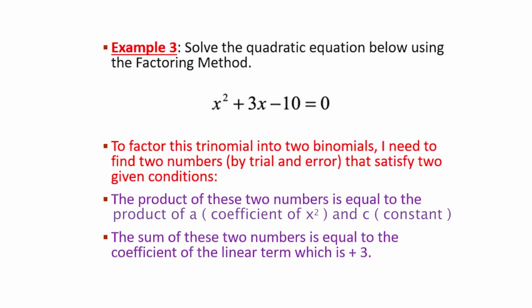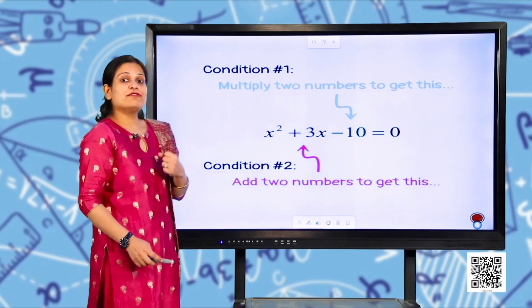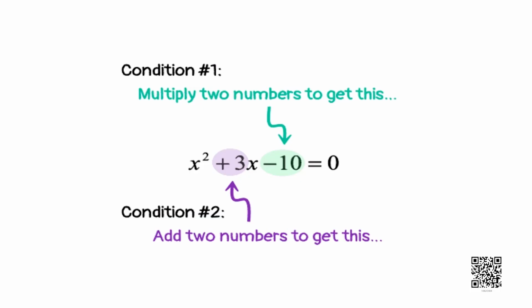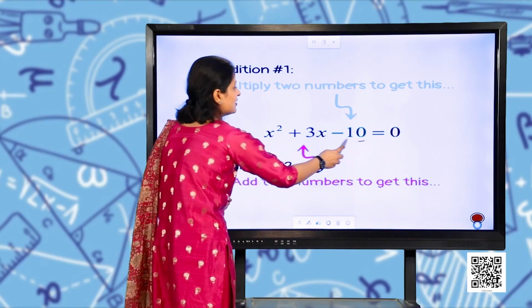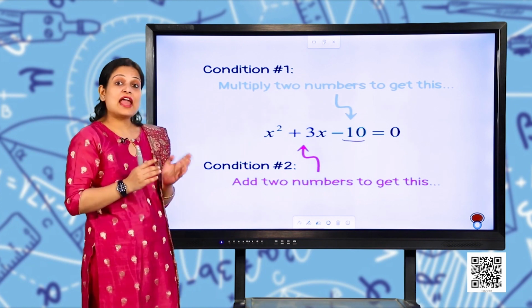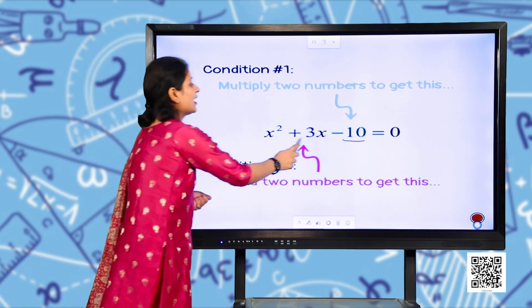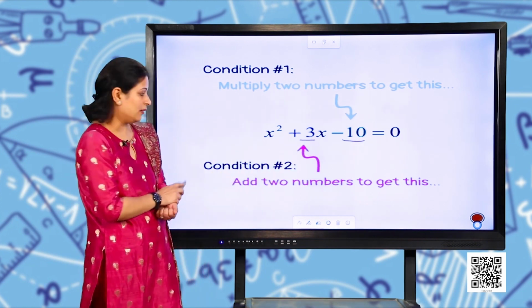Now, the sum of these two numbers is equal to the coefficient of the linear term, which is plus 3. The first condition, as I told you, when I multiply the two numbers, I must get minus 10, and if I add the two numbers, I must get positive 3.